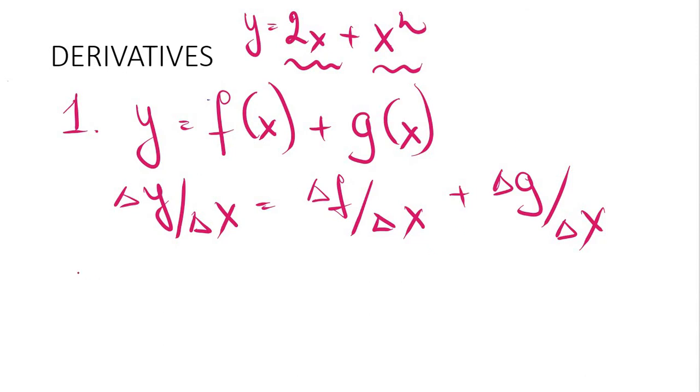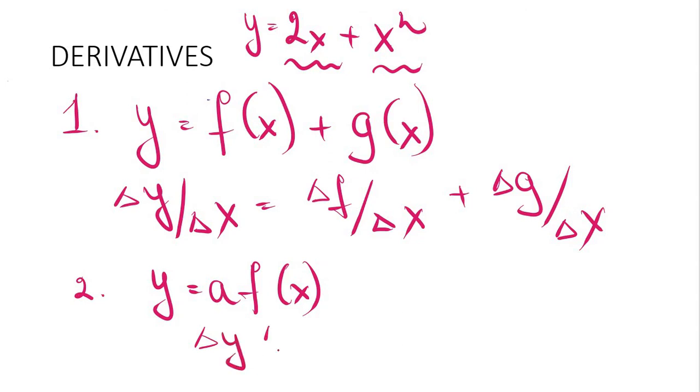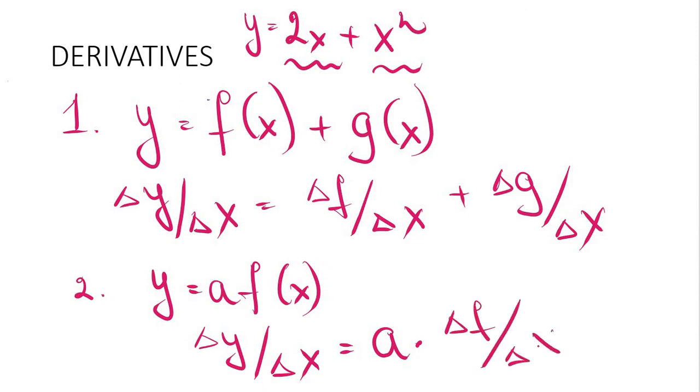So this is the first rule, and the second one is that if y is equal to a function of x multiplied by some coefficient a, then the derivative of y with respect to x will be equal to a times the derivative of f with respect to x.